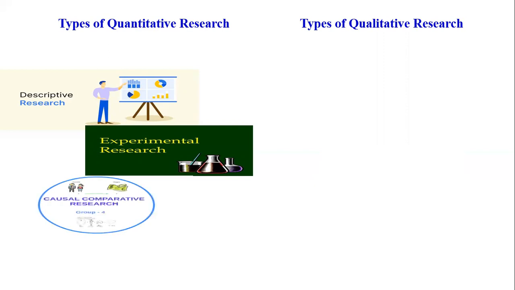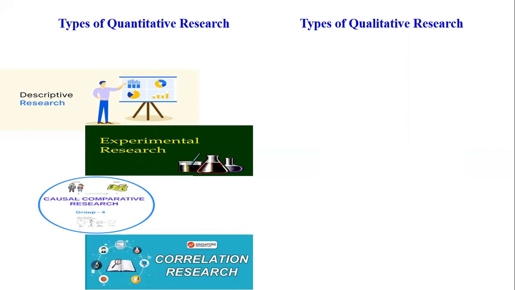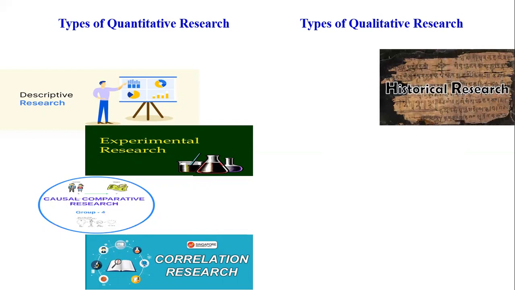And the next type is causal comparative research. You can compare and check the effect of the research, as well as correlational research. These are types of quantitative research. Types of qualitative research: historical research, you cannot judge history, so it is a type of historical research because it is text only.